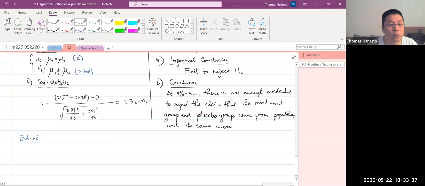Before I give you suggested homework and notes, we can construct a confidence interval for mu1 minus mu2 from here.